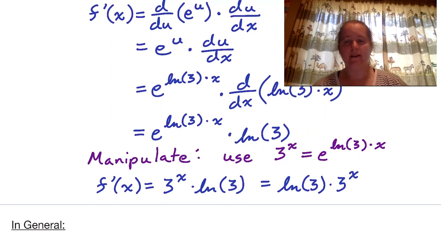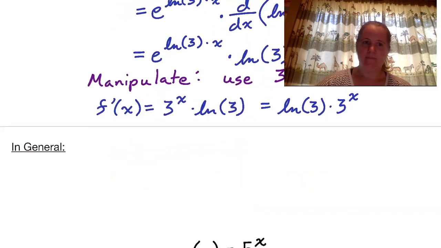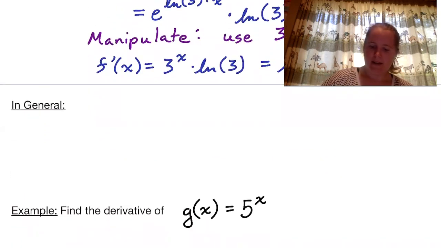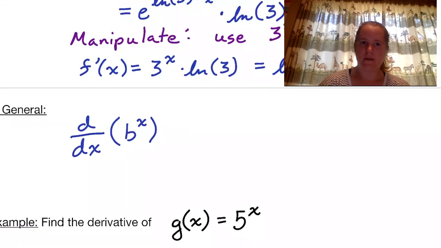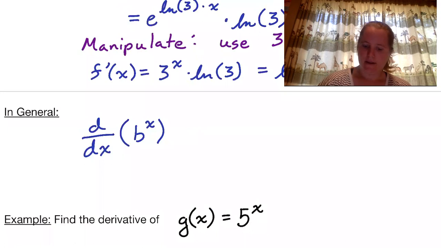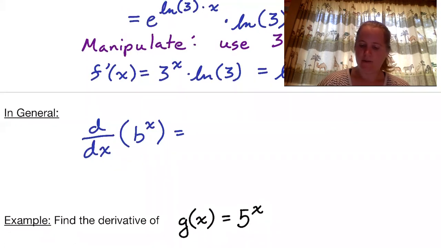So in all of what we did, there was nothing unique to using 3 here. It could just as easily have been any other number. So in general, we wind up getting that the derivative of b to the x is equal to the natural log of b times b to the x.